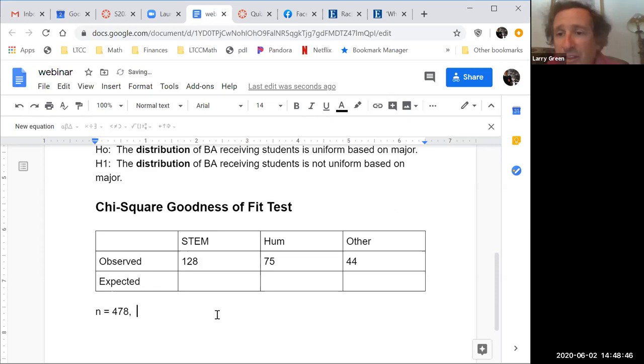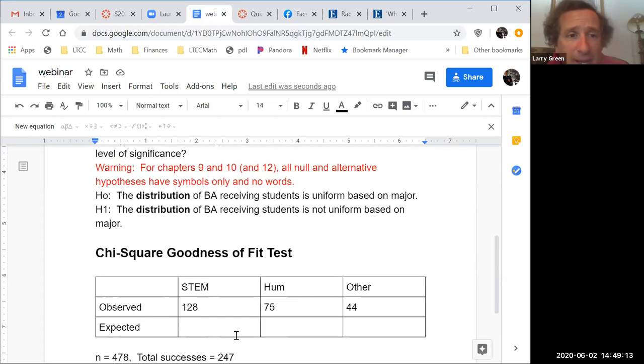Any questions on that so far? And the total successes: 128 plus 75 is 203, and 44 is 247. Any questions on that?